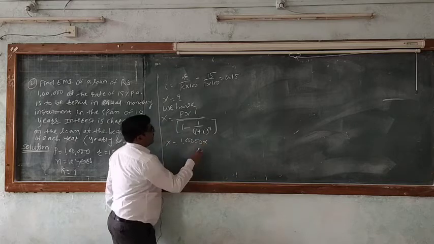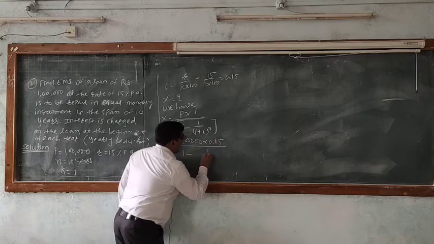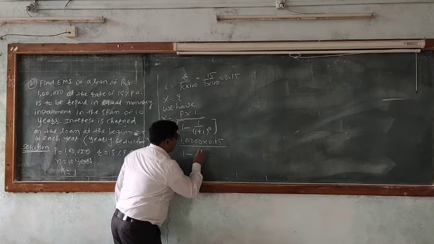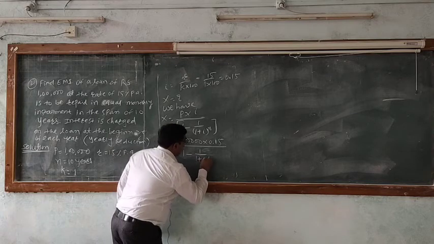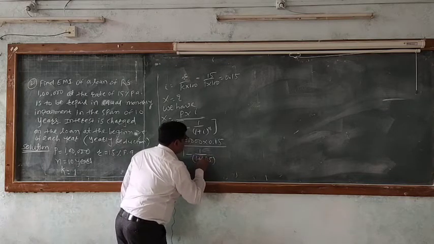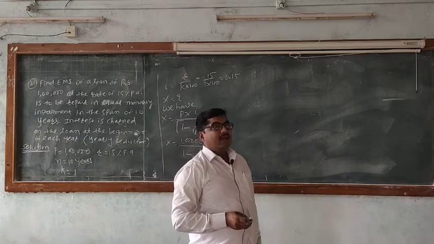What is I? I is 0.15. 1 minus 1 upon 1 plus I, which is 0.15. What is your n?